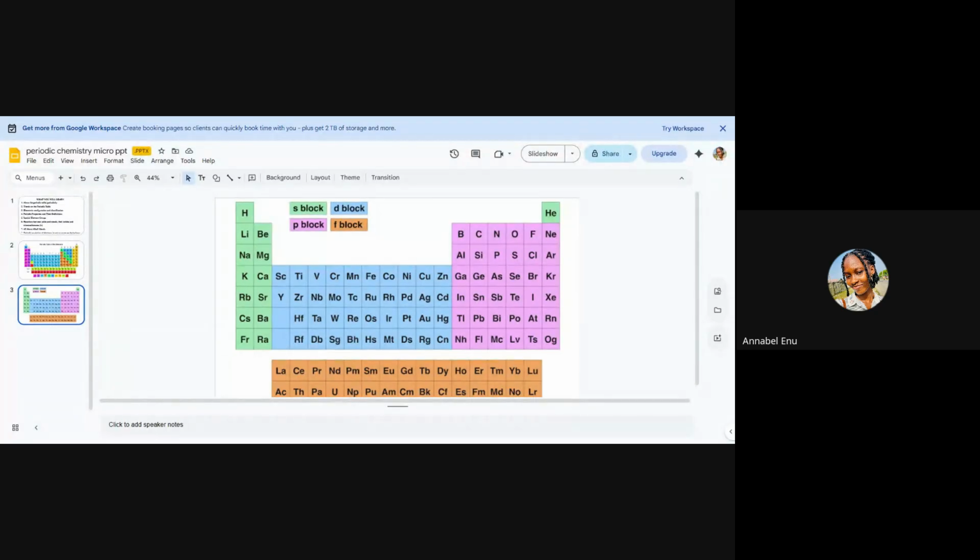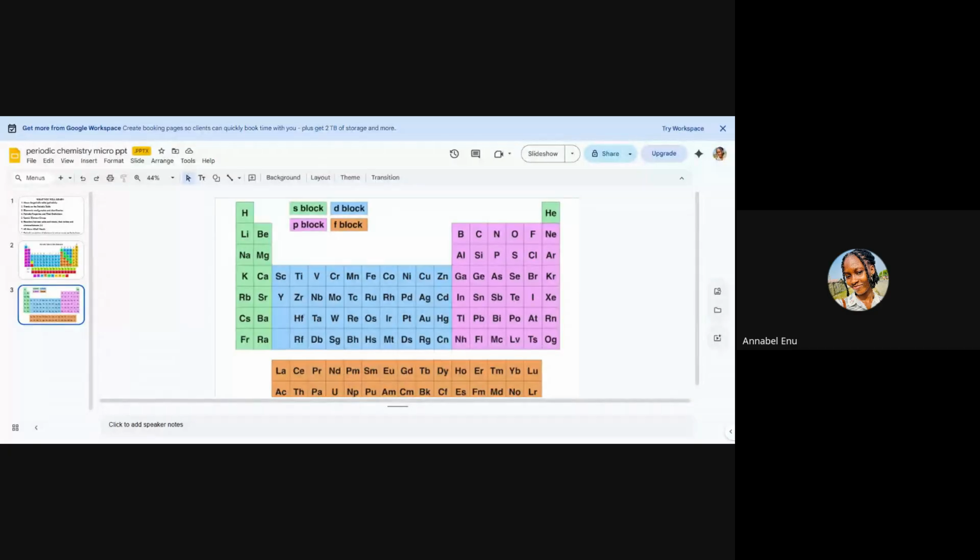But then the modern periodic table arranges the elements in terms of increasing atomic number. That means from 1, 2, 3, 4, and the rest of it, in groups and columns, in such a way that every member of the same group, which is a column from top to bottom, has the same chemical properties.